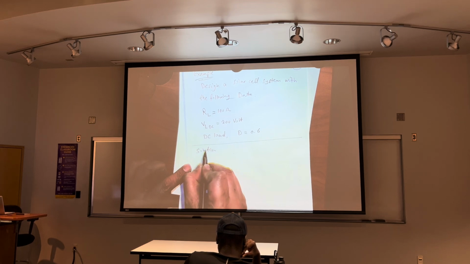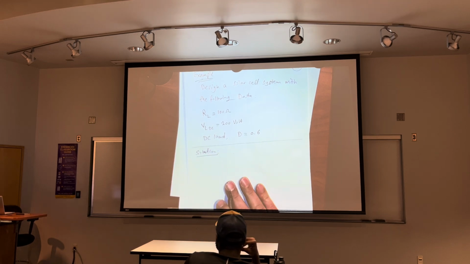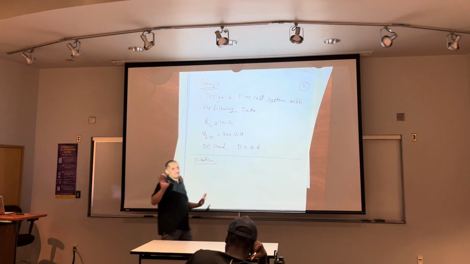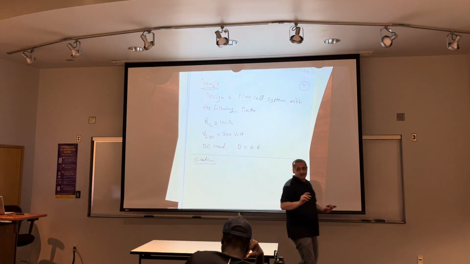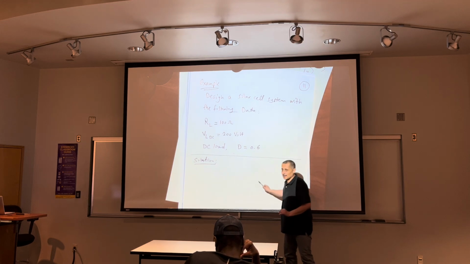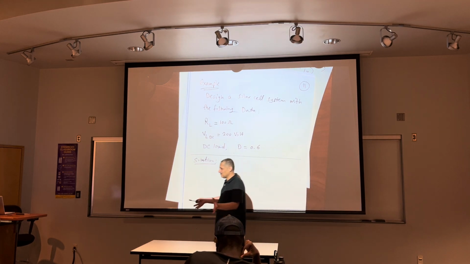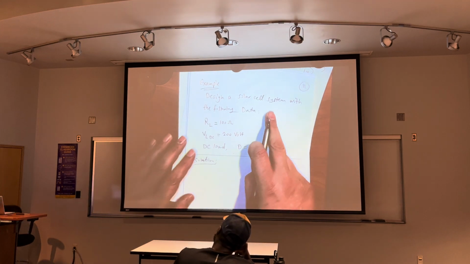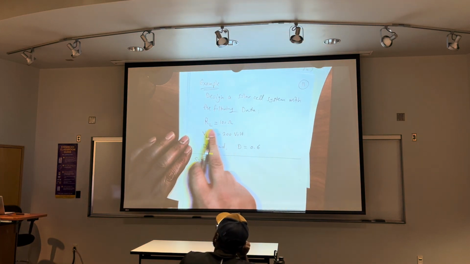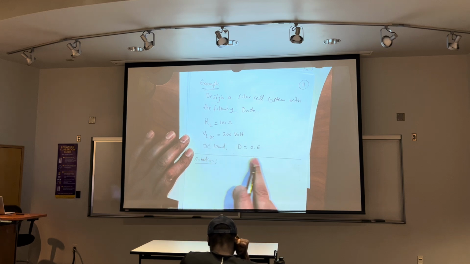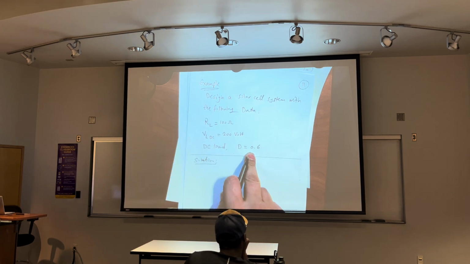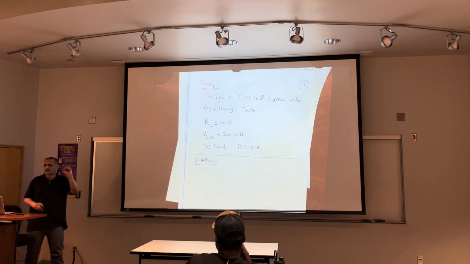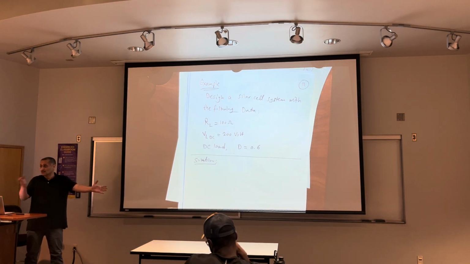This is a design, right? The first step should be to draw the circuit diagram. Okay? Design a solar cell system with the following data, RL, load, using a duty cycle. Where is the duty cycle in DC to DC?